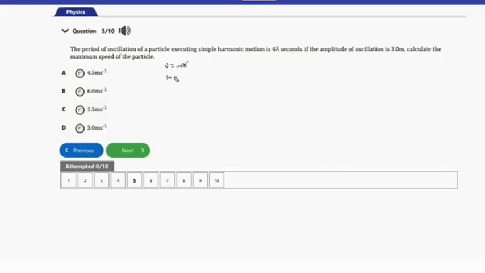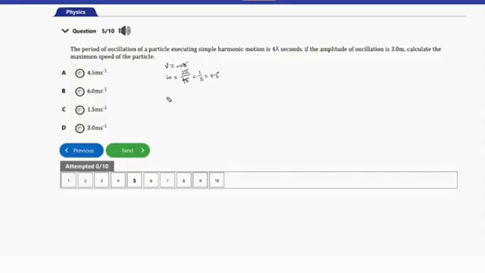So if v is equal to omega r, then let's calculate for omega here. Omega, which is the angular velocity, is actually the displacement over the period here. So the displacement on one complete cycle is actually 2 pi. So when you have 2 pi over the period given to us here for one complete oscillation, which is 4 pi, 2 pi over 4 pi is actually 1 over 2.